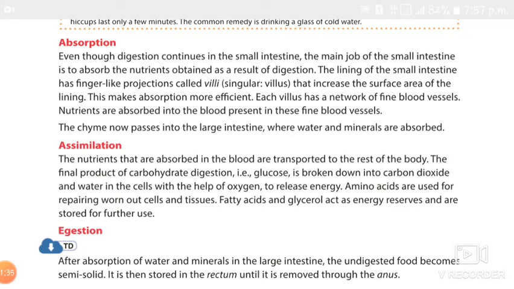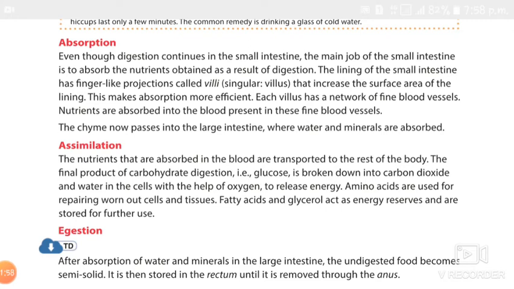What is assimilation? The use of simple substances to build complex substances required by the body is called assimilation. The nutrients absorbed in the blood are transported to the rest of the body. The final product of carbohydrate digestion is glucose.